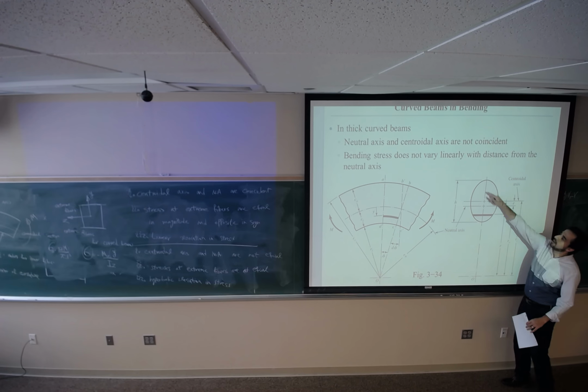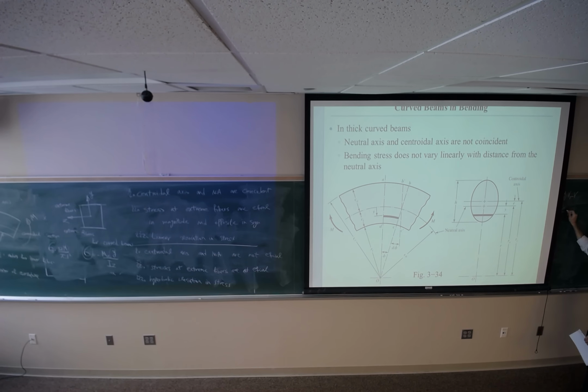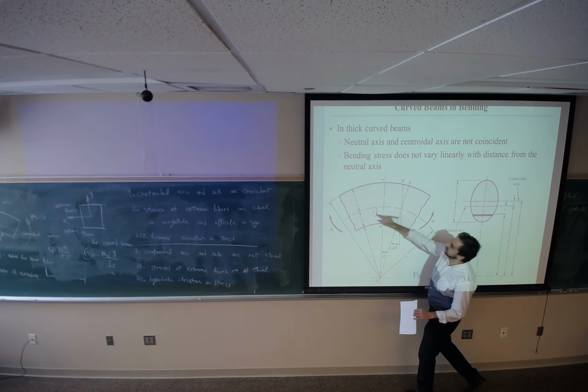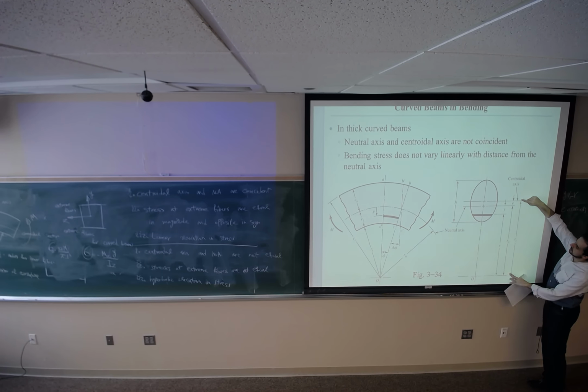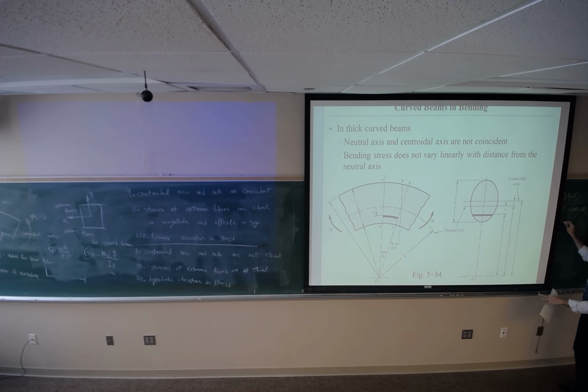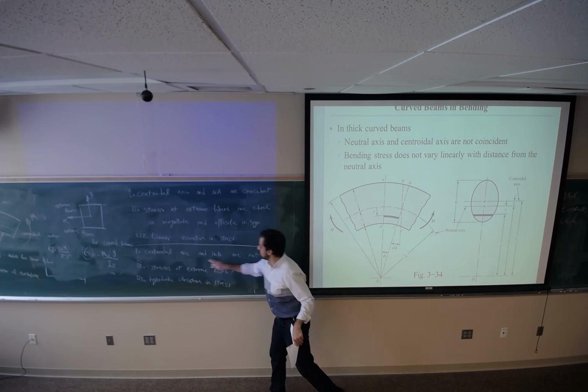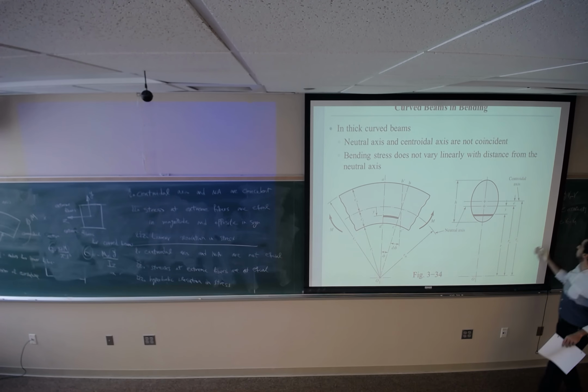The other thing that I would like to define is e, eccentricity. Eccentricity is defined as the difference between Rc and Rn. If you remember, we said that the centroidal axis and neutral axis are not the same. So there is a difference between Rc and Rn.